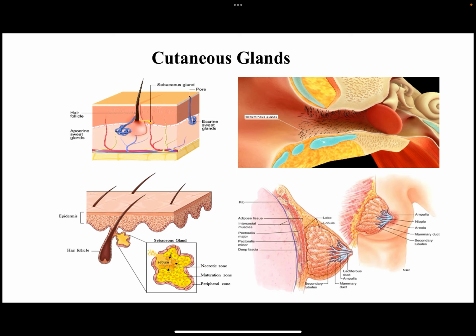They are located in the external ear canal. These are more like modified apocrine glands that secrete the cerumen.